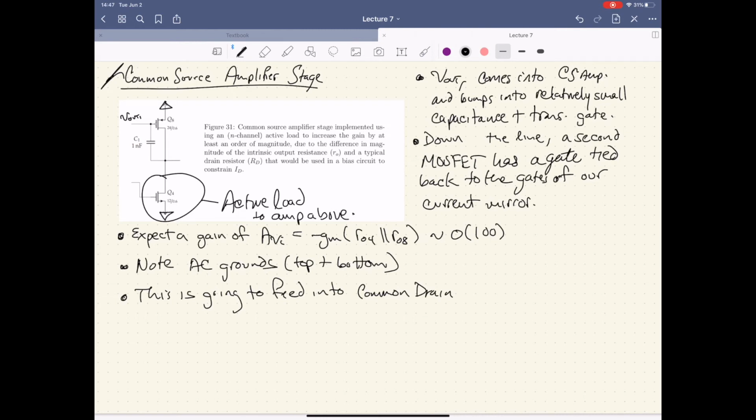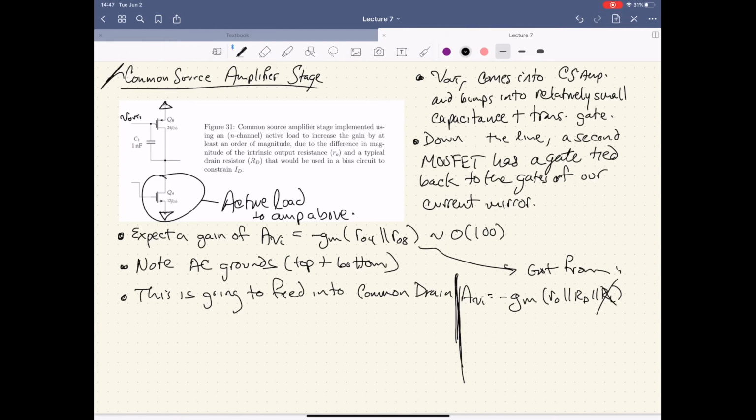Now, recall that this guy we actually got from this equation, minus GM, I'll just rewrite the whole equation, AVI, RO, RD, RL. Okay, we don't have an RL in this case.